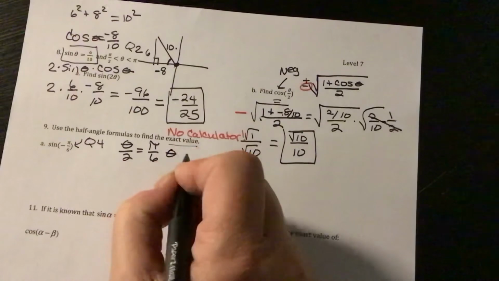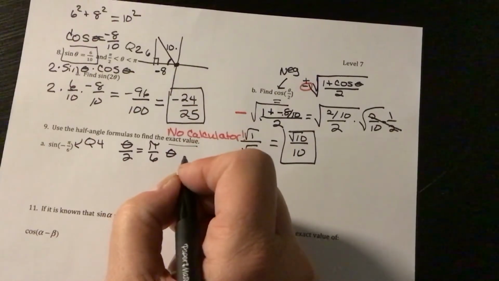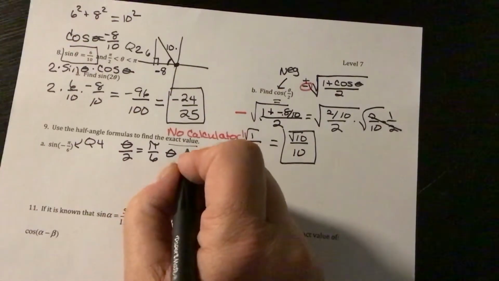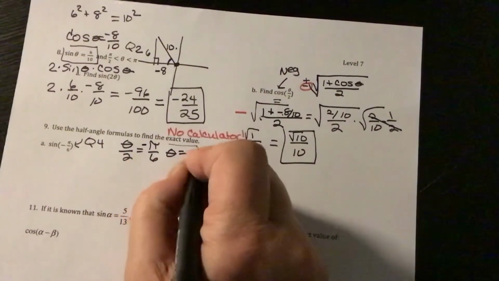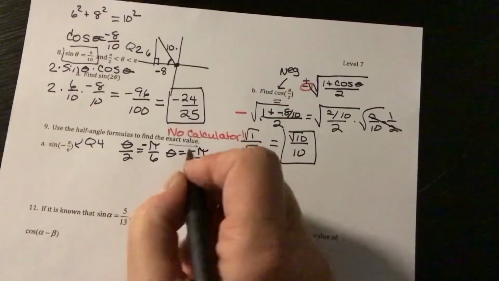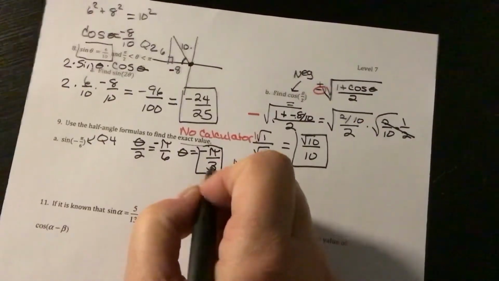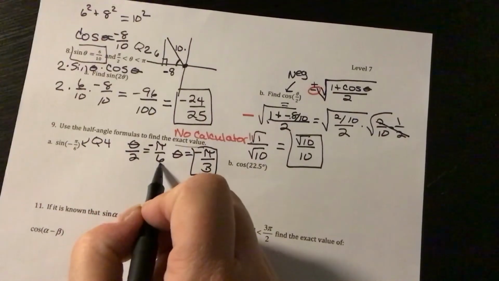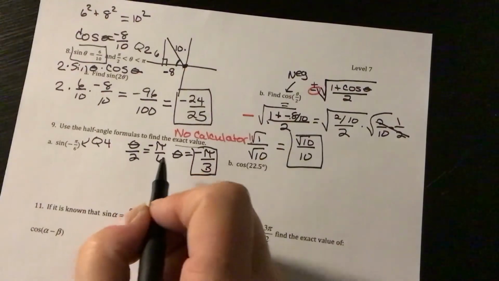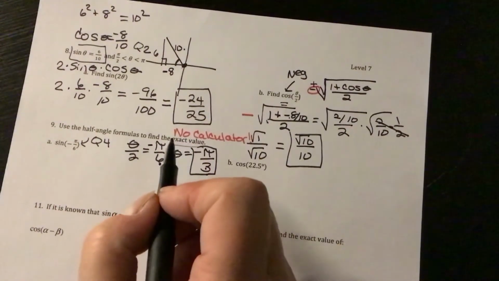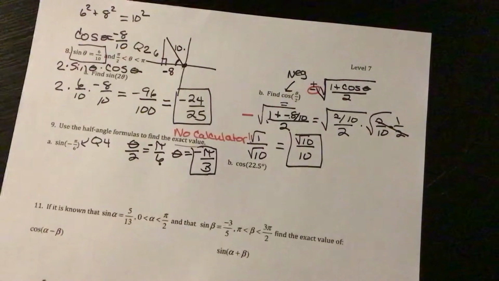So my angle here is going to be pi over 3, or negative pi over 3, because this is negative. Negative pi over 3 divided by 2 is negative pi over 6. I'm sorry, I want to find sine of negative pi over 6.